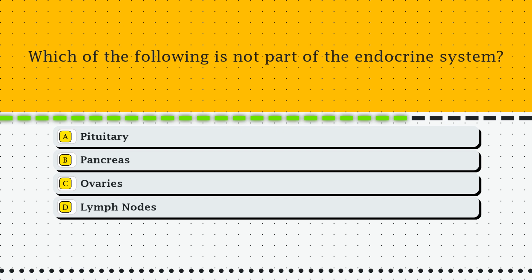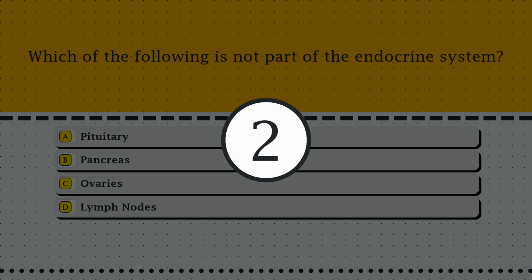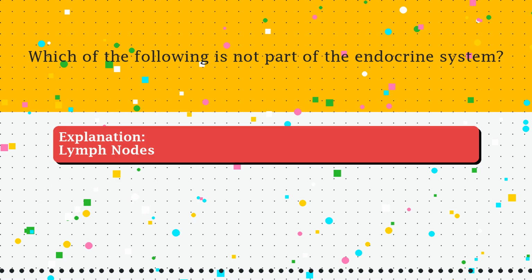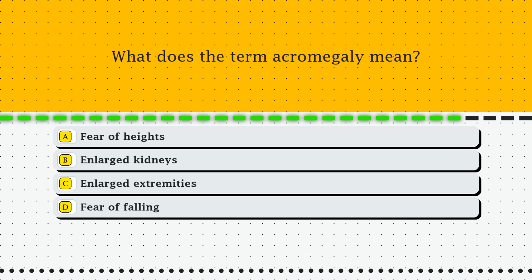Which of the following is not part of the endocrine system? Option A, pituitary. Option B, pancreas. Option C, ovaries. Option D, lymph nodes. The correct answer is option D, lymph nodes. Question 163. What does the term acromegaly mean?